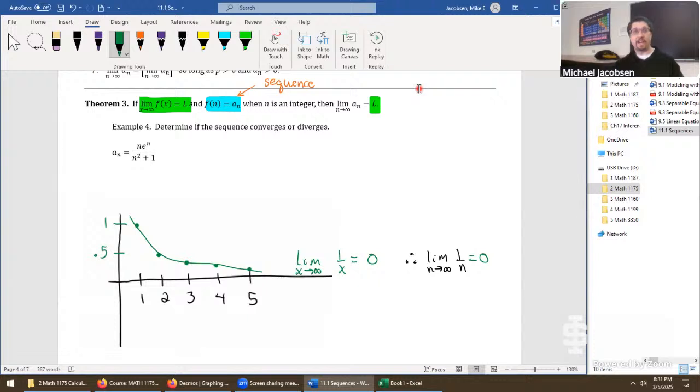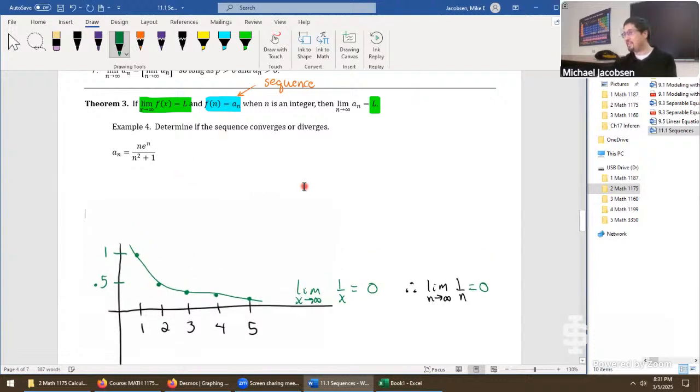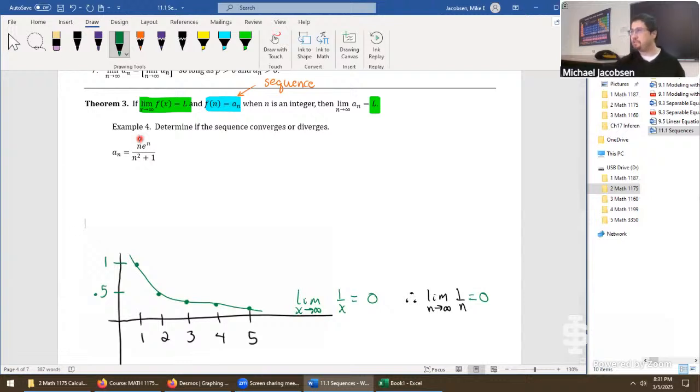Okay, here's how we're actually going to use the theorem on this example 4. Notice that example 4 is tricky in a way. If you want to take the limit as n goes to infinity of n e to the n divided by n squared plus 1, first thing you might observe is that this is an indeterminate form because n e to the n goes to infinity and n squared plus 1 goes to infinity as the integer n goes to infinity.